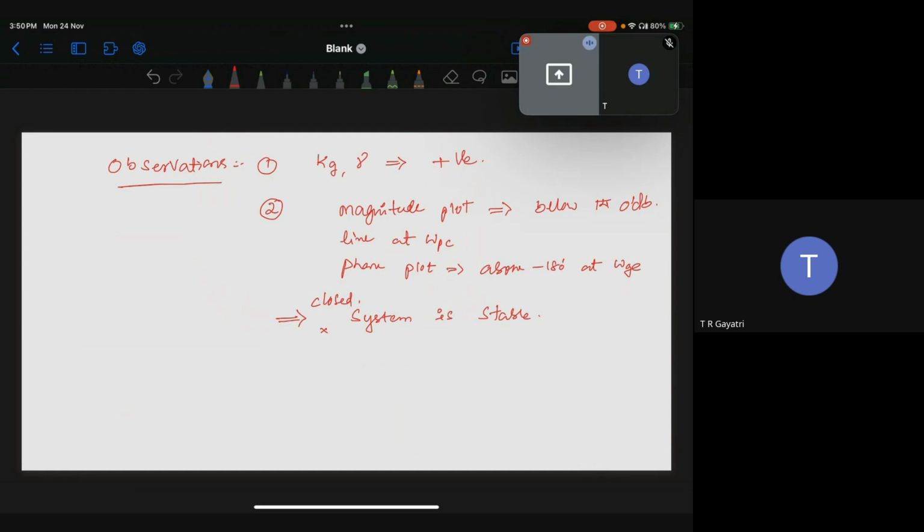Now that we know how to draw the Bode plot and identify phase margin and gain margin, for system stability both have to be positive, and if they both are negative, the system becomes unstable. So now how can we use the information of phase margin and gain margin?